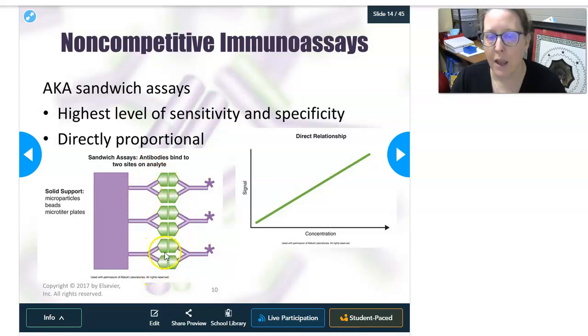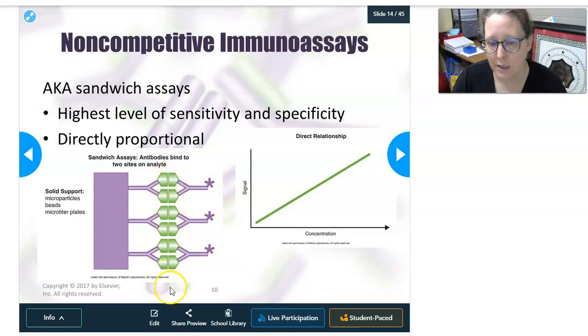But then you need to be able to detect it, so you add a labeled antibody to a different epitope on that antigen. If there is antigen bound, this antibody can bind to the antigen and then emit the signal, which is often a color change.